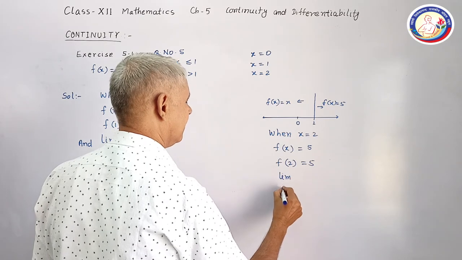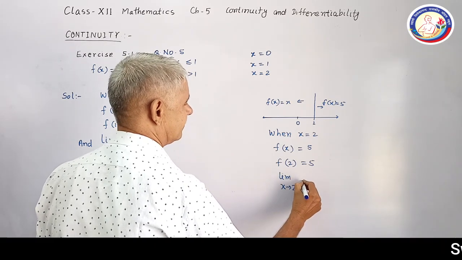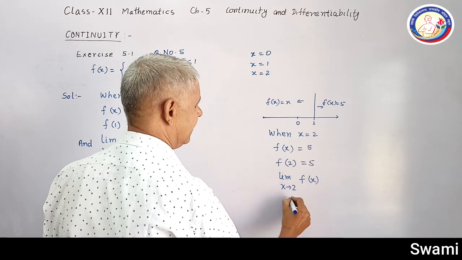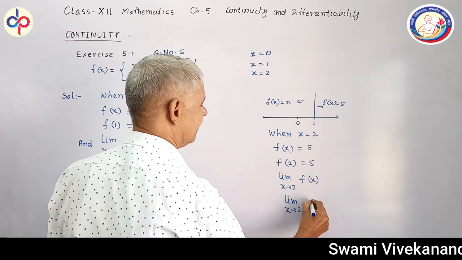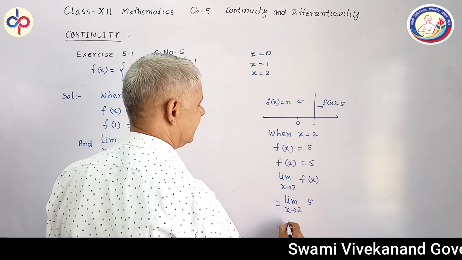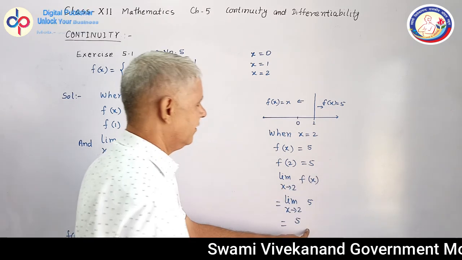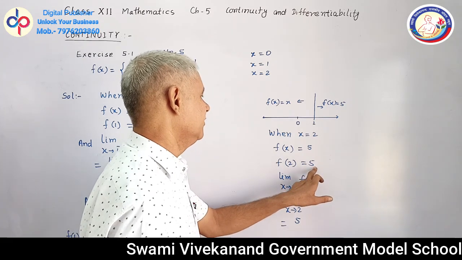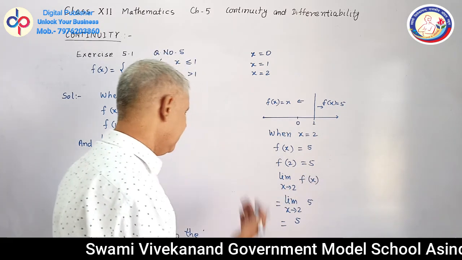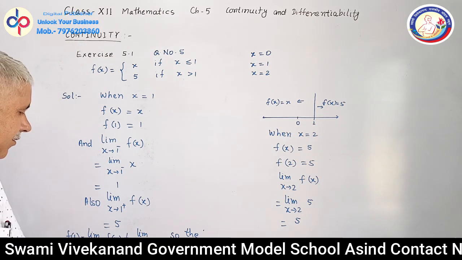The limit as x tends to 2 of f(x) will be the limit as x tends to 2 of 5, that will give us 5. So both are equal. The limit is 5 here and the value of the function at 2 is 5. So it is continuous.